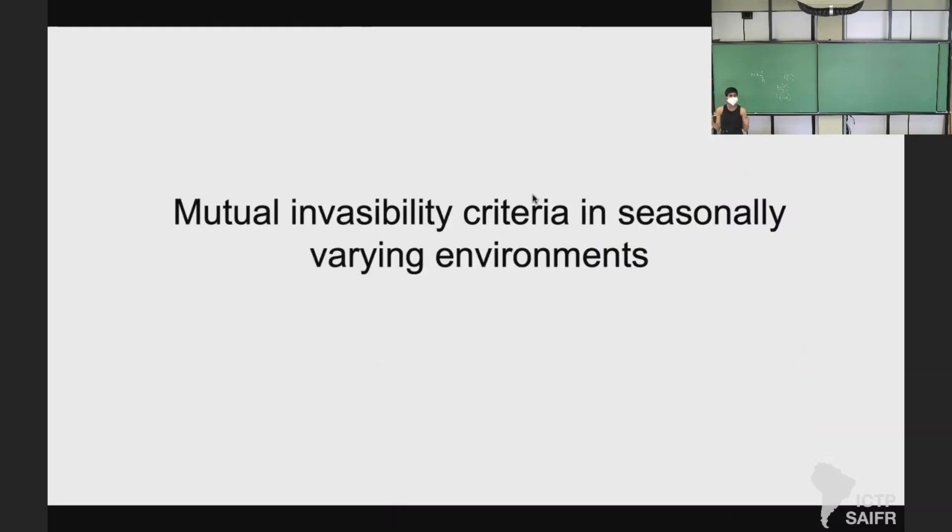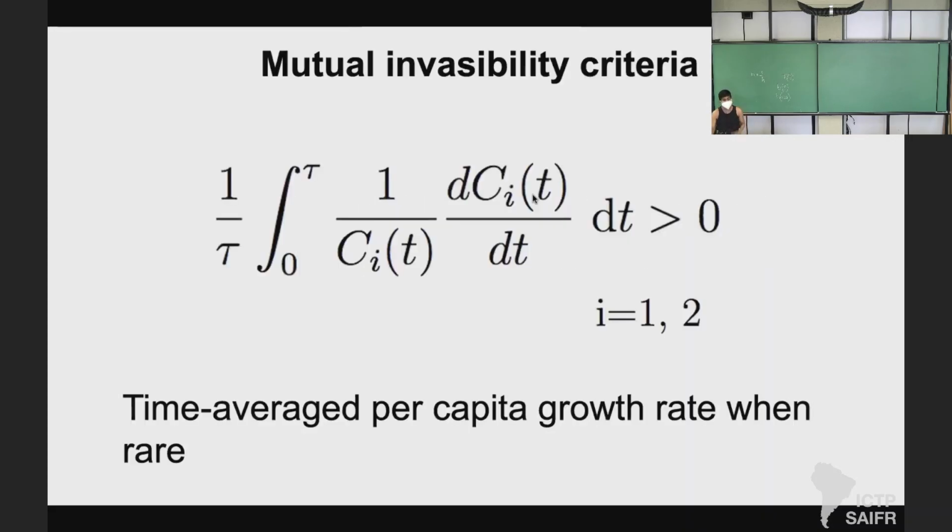So we do the thing that we always do, mutual invasibility criteria. Now, since things are changing over time, we can't have a single value, right? The per capita growth rate, let's say dx/dt times 1 over x, is changing over time, right?